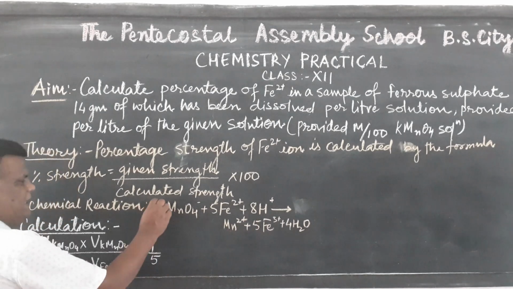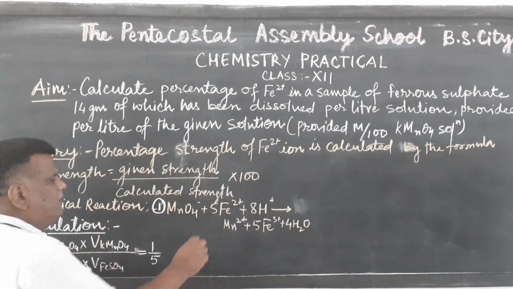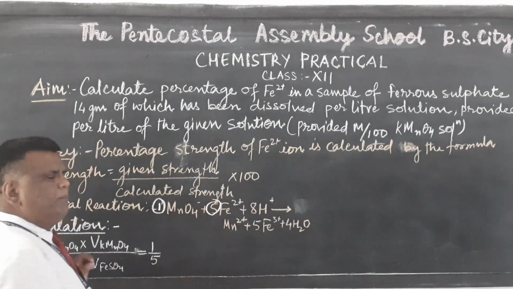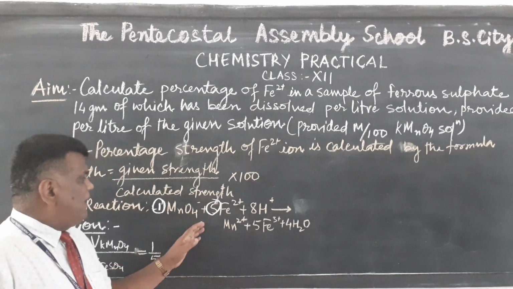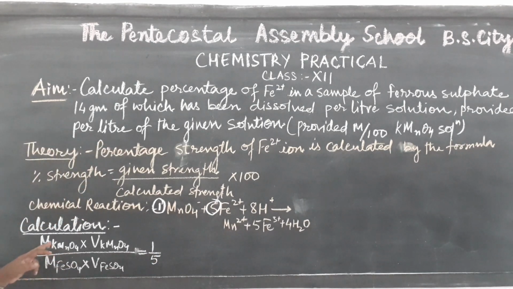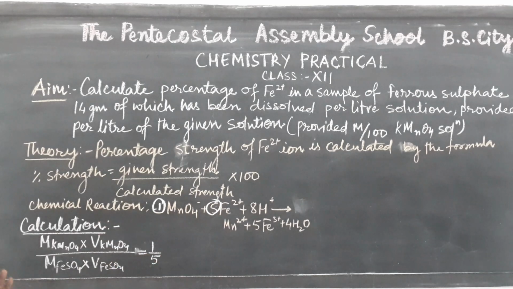So you can see 1 mole of KMnO4 reacts with 5 moles of FeSO4, and that is why the formula is M KMnO4 into V KMnO4 by M FeSO4 into V FeSO4 is equal to 1 by 5.